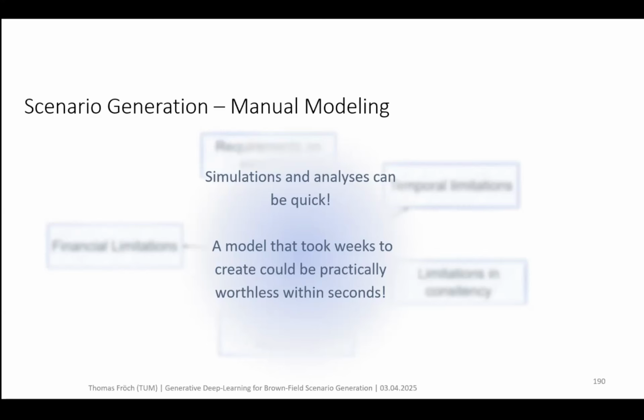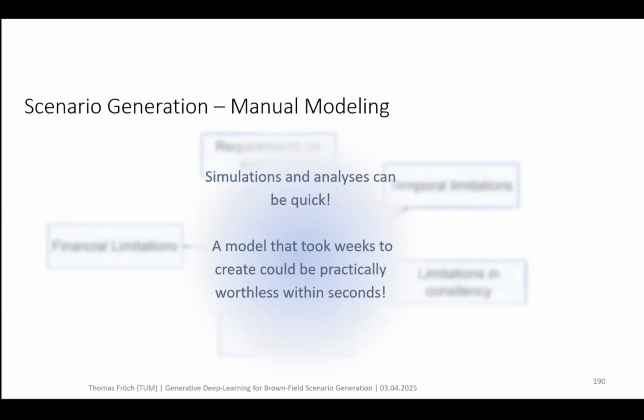And then, of course, all these resources that would have been put into modeling could go to waste, because then a simulation shows that a particular scenario would not be worth investigating because certain effects are undesirable or are unacceptable for certain stakeholders.